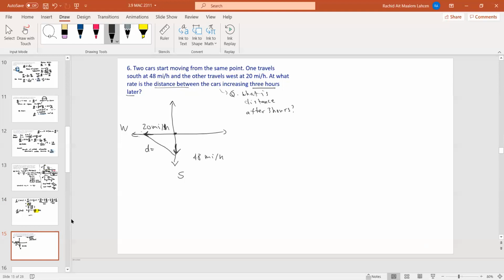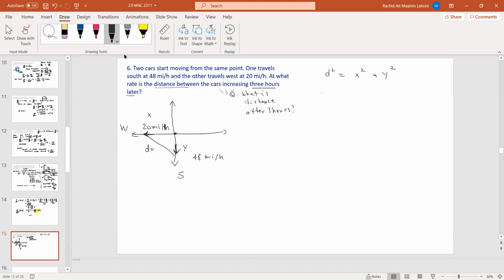So if this is x, and this is y, then we know that d squared equals x squared plus y squared, right?